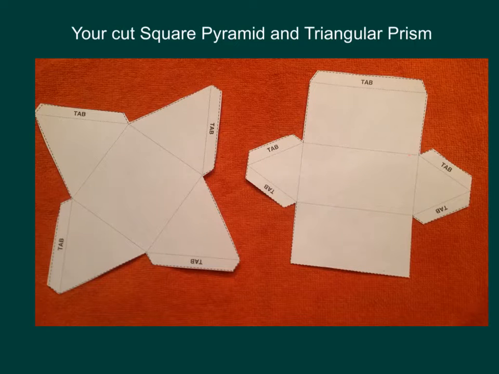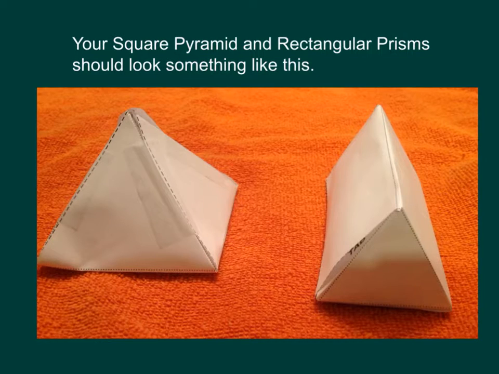You fold here, here, here, and here, and of course the tab is there to fold that as well. Your completed square pyramid and triangular prism should look something like this. As you can see, I used tape on mine.